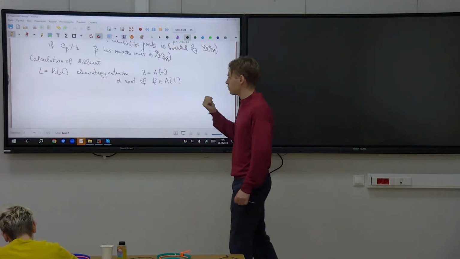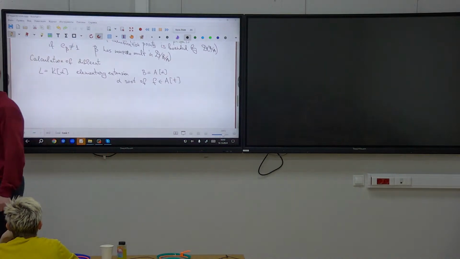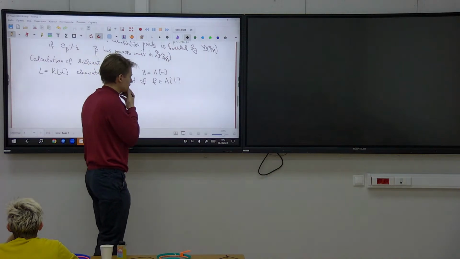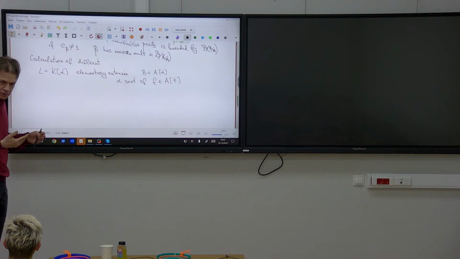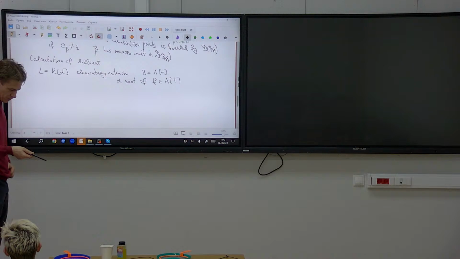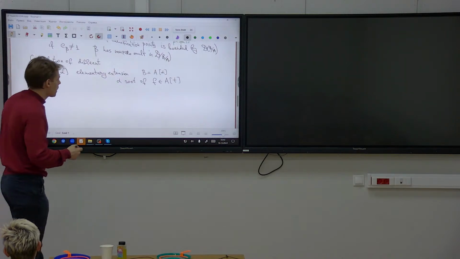And this we will discuss later. Notice also that sometimes your extension is not generated by one element. In the next part of the lecture, I shall discuss the conditions under which you can assume that the extension is generated by one element.